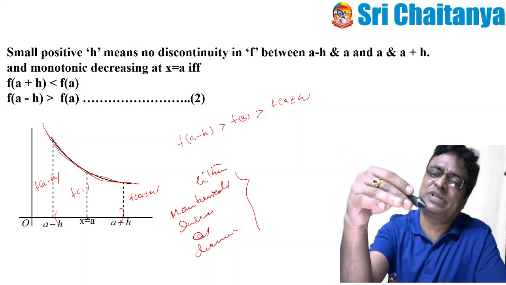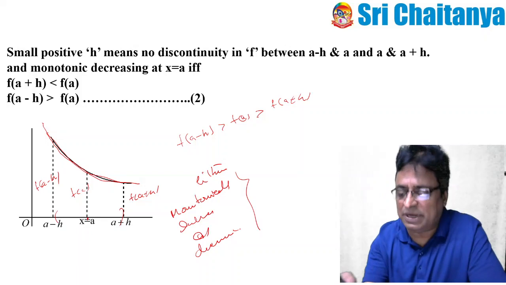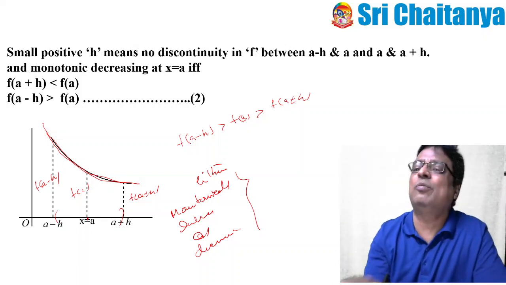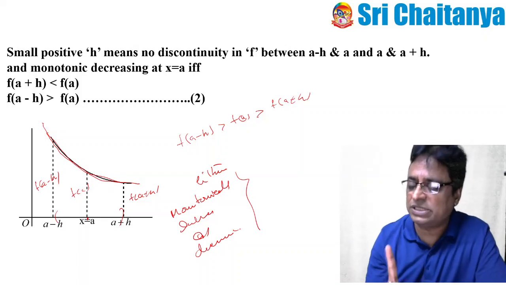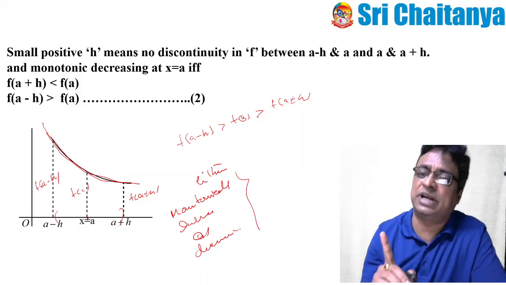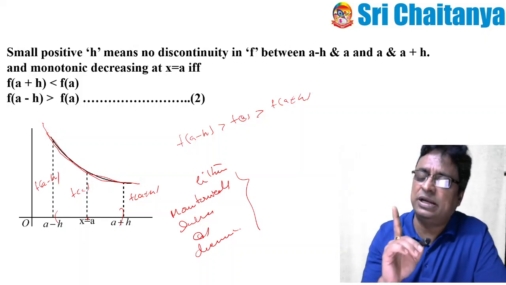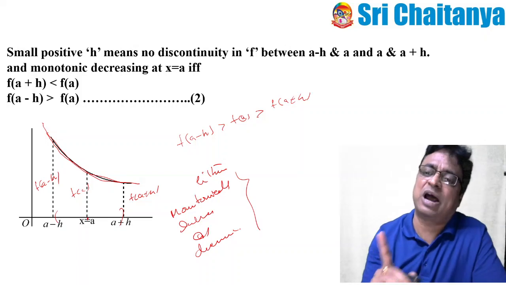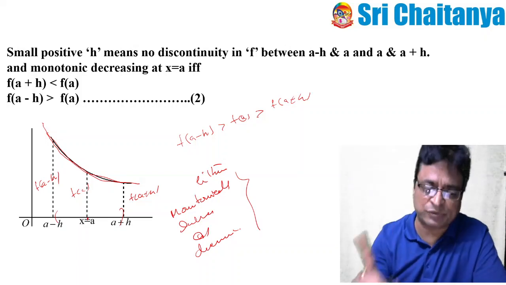Up to some extent it may increase, after that it may decrease, after that it may increase again. That is called a non-monotonic function. The terminology and the terms are very, very important, because of that students get confused and are unable to solve new problems whenever they occur in the examinations. So this is one important aspect.